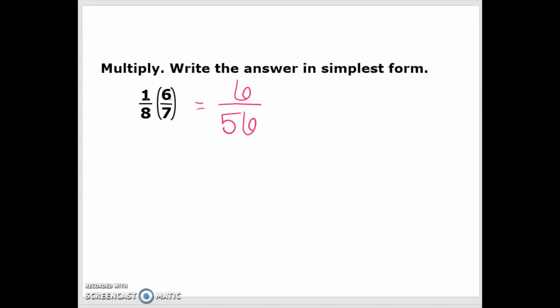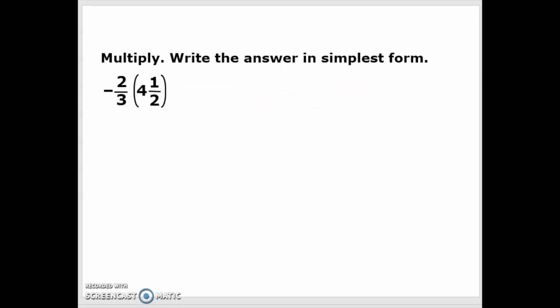Both of these are even, so they can be divided by 2. So 6 divided by 2 is 3. 56 divided by 2 is 28. So 3 28ths.